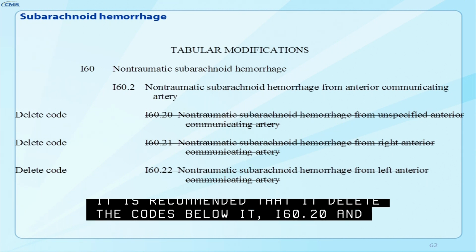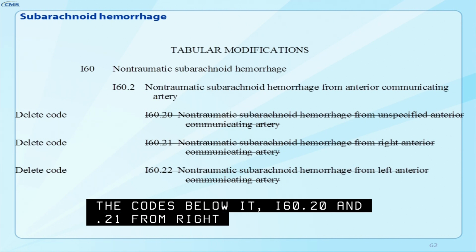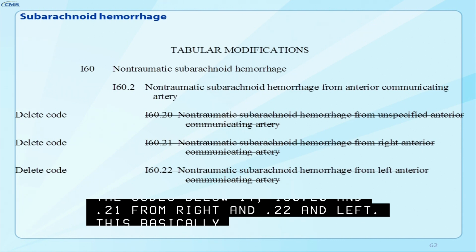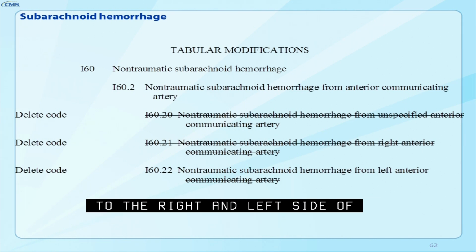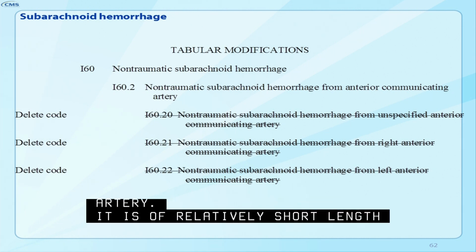Essentially, these might be thought to apply to the right and left sides of the anterior communicating artery, but it's a relatively short length, so it would be reasonable just to have a single code for it based on input from neurosurgeons.